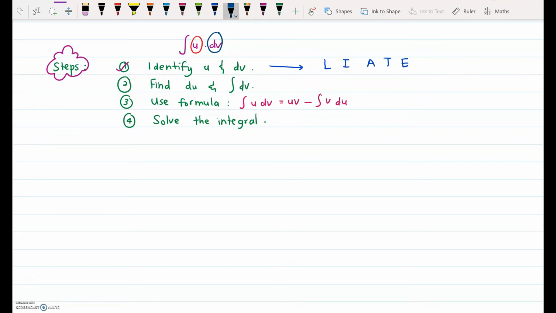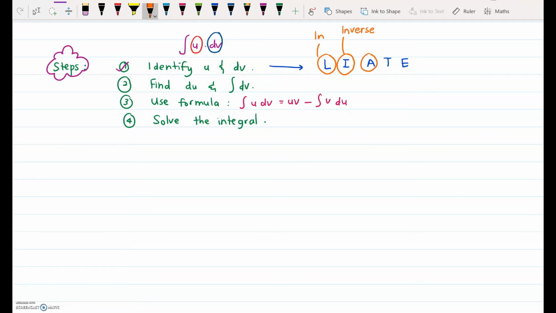To identify which one will be your u and which one will be your dv, we refer to LIATE. L represents the ln function. I represents the inverse trigonometric function.